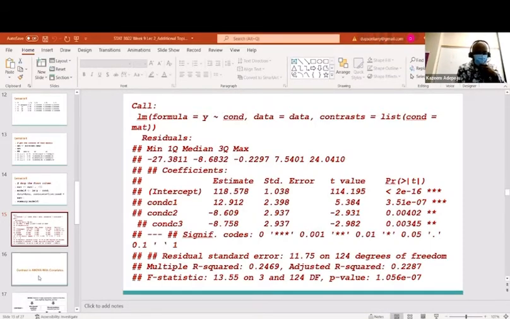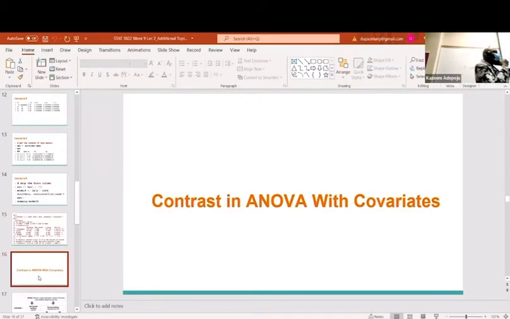Now, I want to walk you through another example. What if, in a situation, how do we set up a contrast where we actually want to conduct analysis of variance, but we realize that there could be some potential variables that could have an effect on the response?